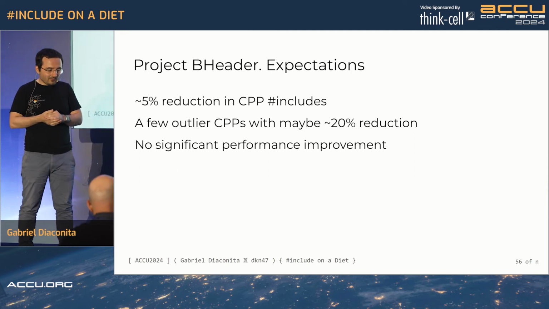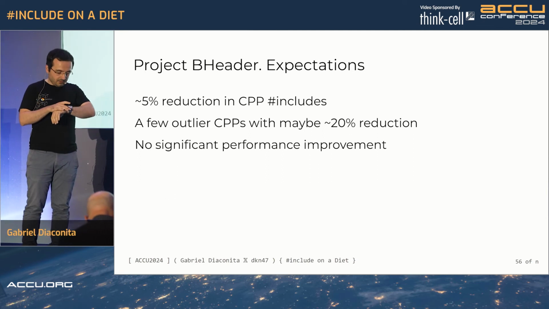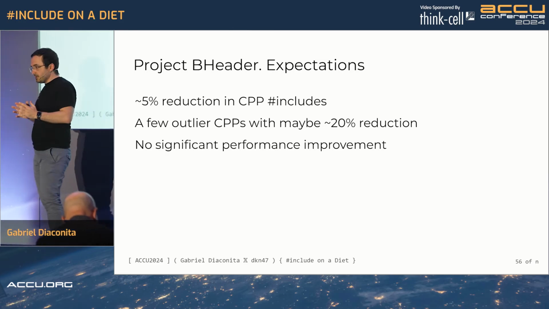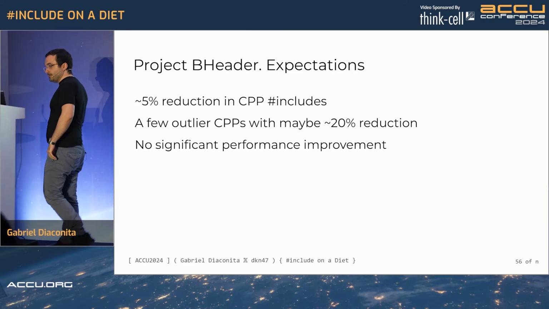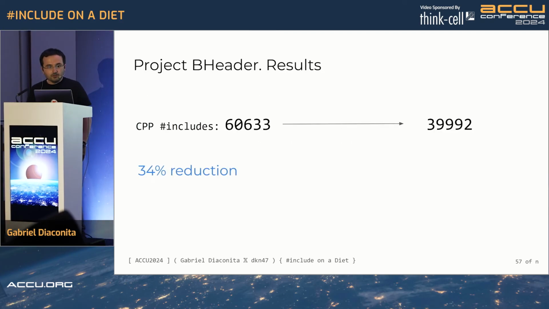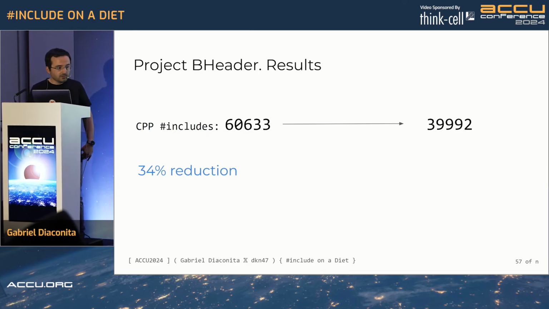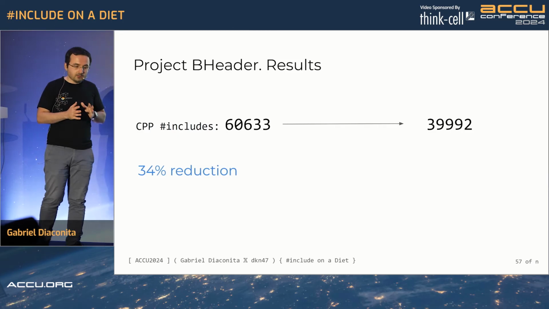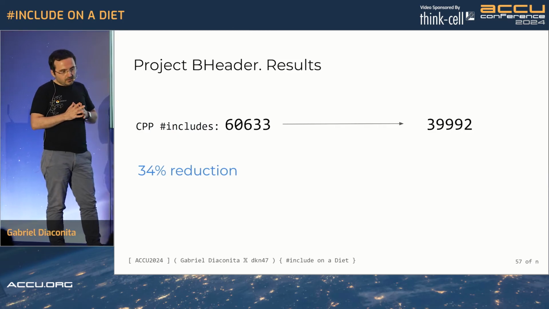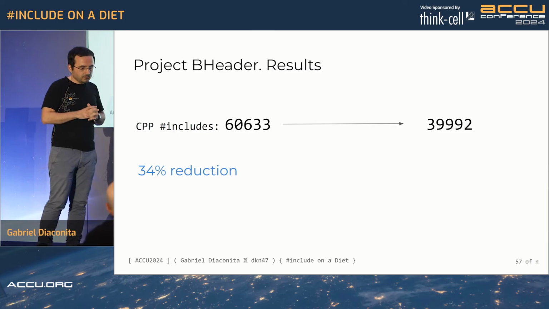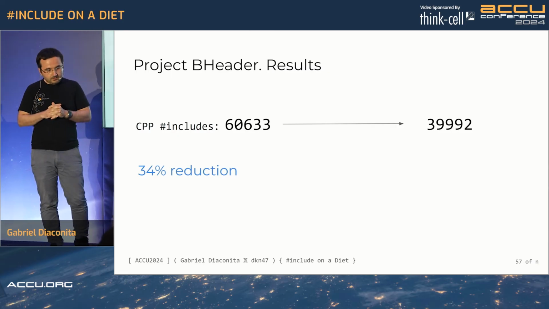But we didn't expect any performance improvement. Those were our expectations going in. The results were a 34% reduction overall from all the includes in just CPP files. So a much larger number than we expected.